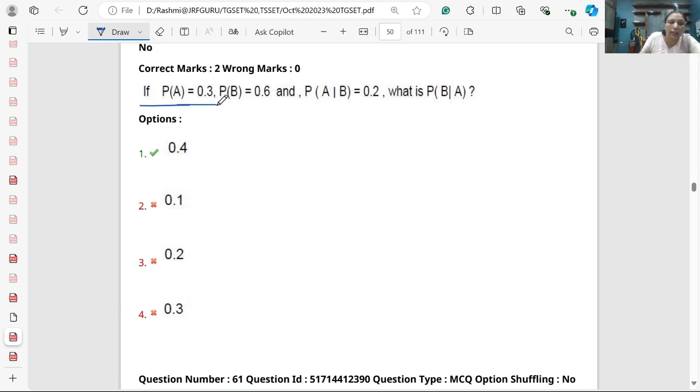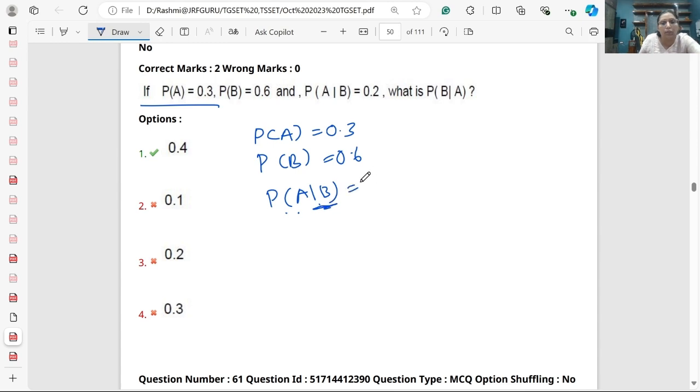Now see, if the probability of A is given by 0.3, the probability of B is given by 0.6, and the probability of A given B is 0.2. This is a question of conditional probability. Then what is the probability of B when A is given?